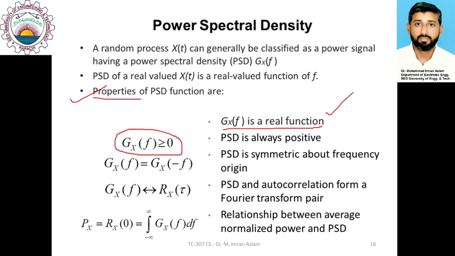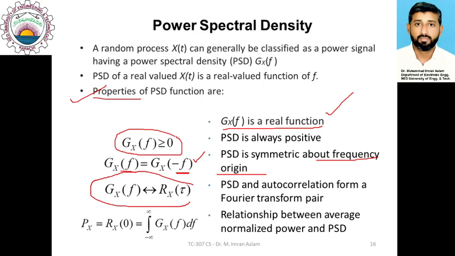So it is a non-negative value. It cannot take any negative value in any case, because it's related to power. The third property is that the power spectral density is symmetric about the frequency origin. Whatever behavior you see at positive frequencies, you would see the exact replica at negative frequencies.